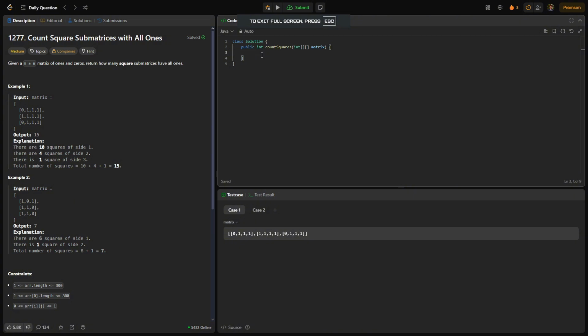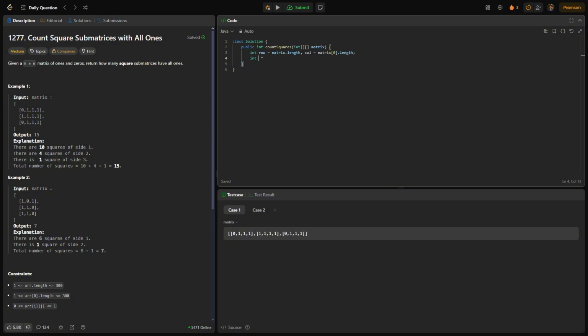First thing we're going to do is initialize 2 variables. We're going to have an integer called row, which is going to be our matrix.length. And then we're also going to have a column, which is going to be our matrix of 0.length. Those are simply just going to help us kind of shorten up our for loops.